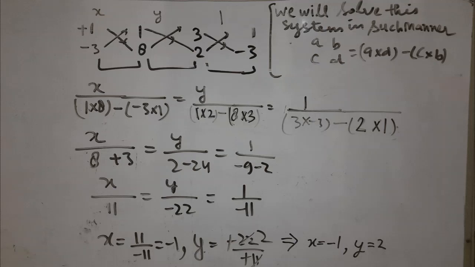Now in the brackets I have written, we will solve this system in such a manner. If these numbers are a, b, c, d, then a multiplied by d minus c multiplied by b.